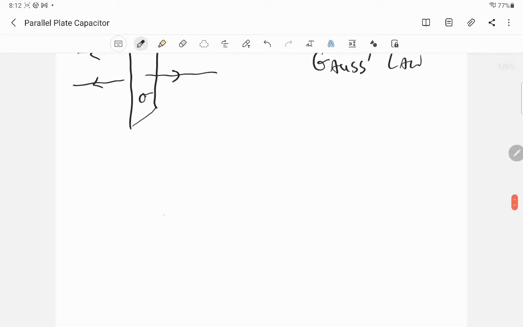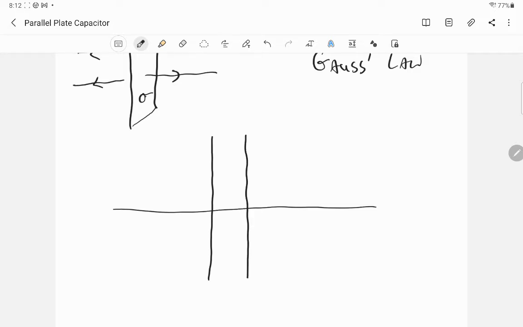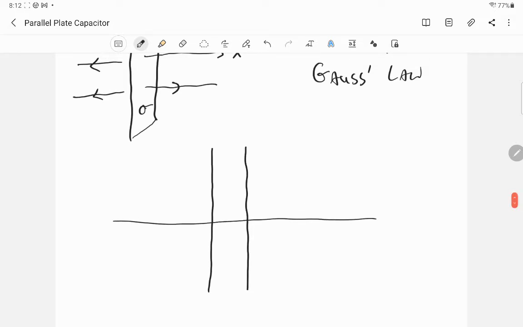This also leads to, if you have our parallel plate configuration, if we can approximate, or actually, let's do this. This is an infinite plane with charge density, say positive sigma, and this is an infinite plane as well, but with charge density negative sigma.